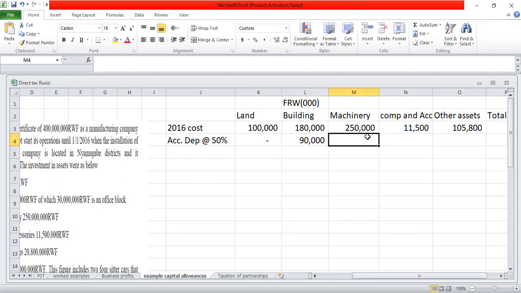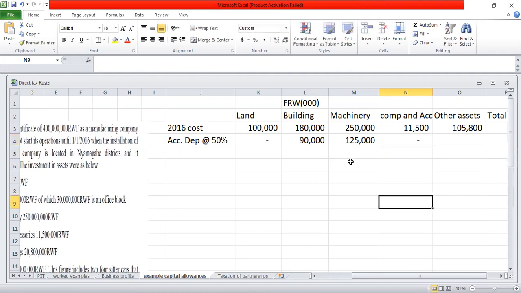Then I have 90. The same for machinery. Computer and accessories does not qualify because it is below 50,000 US dollars. So it does not qualify for accelerated depreciation, and I'm not going to compute it for computer and accessories.